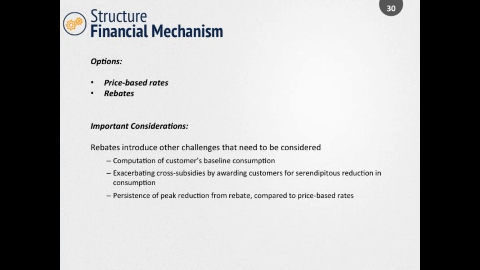And lastly, there are some questions around the persistence of peak reduction impacts from rebate programs. Now, apart from price-based rates, other mechanisms are also being tried out, including competitions and rewards, and other programs based on moral suasion. There is limited yet increasing application of such mechanisms in the industry, but some results suggest that these could be highly impactful and cost-effective.